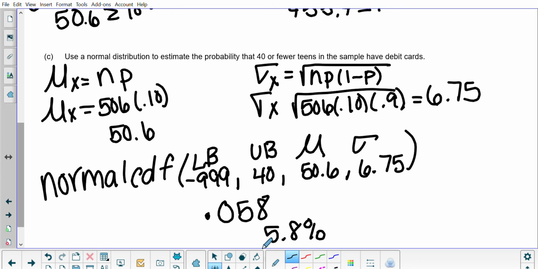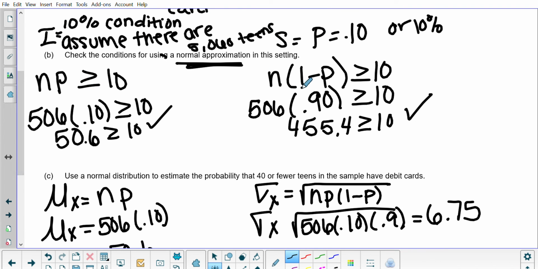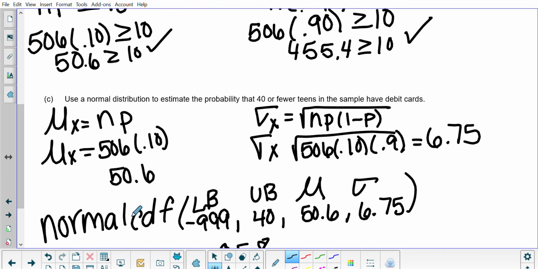All right? So the things that we need to remember from today's lesson. First one, if we don't see replacement, we have to see if that 10% condition applies. If it does, then we can say that it's safe to say that this is a binomial distribution. Second, if we are able to pass both of these conditions, then we can also say it's safe to say that this is a normal approximation, and when we want to find the probability, we can use a normal distribution.